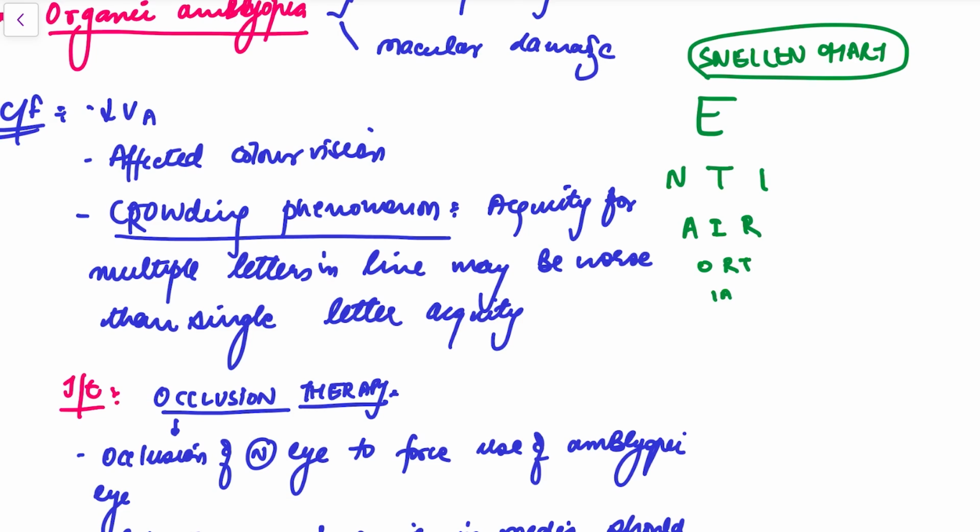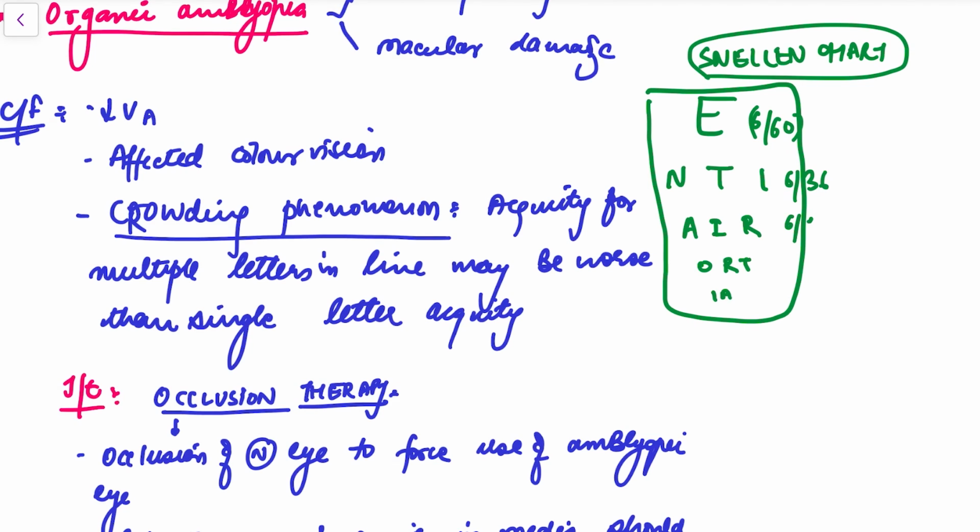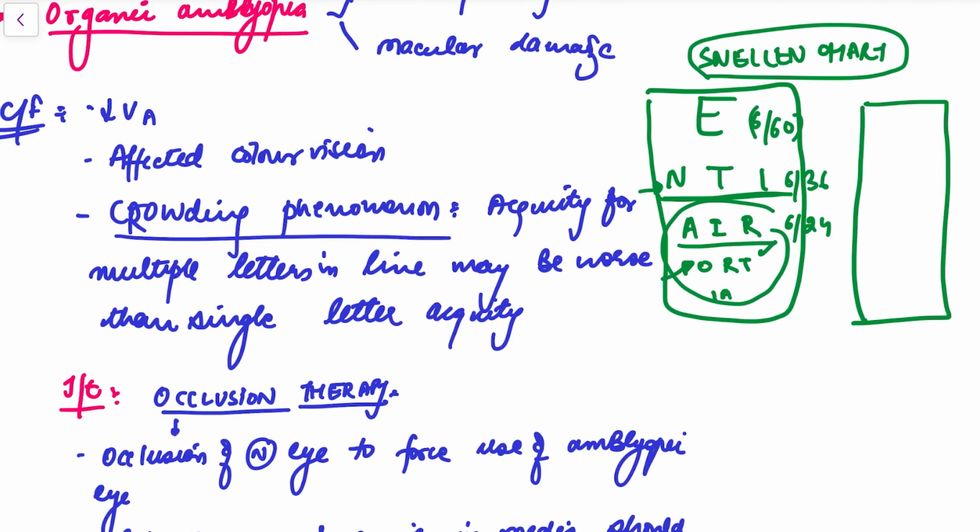So in this crowding phenomena, if the patient is amblyopic, suppose this is 6/60, this is 6/36, and this is 6/24. If we ask the patient to read this Snellen's chart, the patient, for example, is able to read up till here. The patient is not able to read these letters. So this is the crowding phenomena, because there are multiple letters in one line and the patient is not able to read the letters.